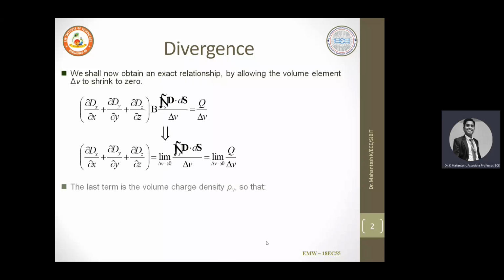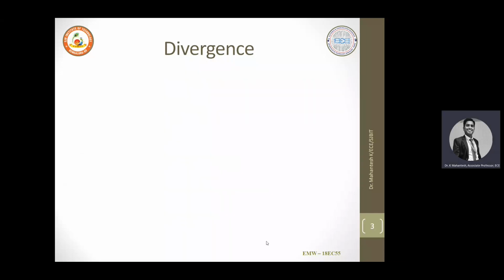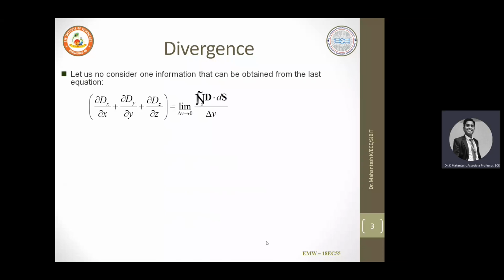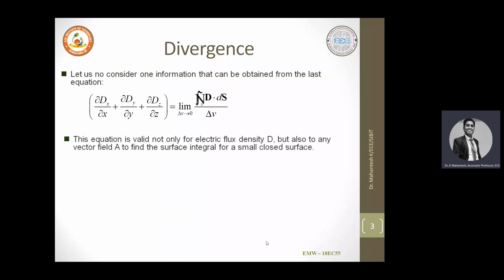The last term in this equation is the volume charge density, that is rho V, so I can equate the entire divergence expression to rho V. Rho V is nothing but the volume charge density.